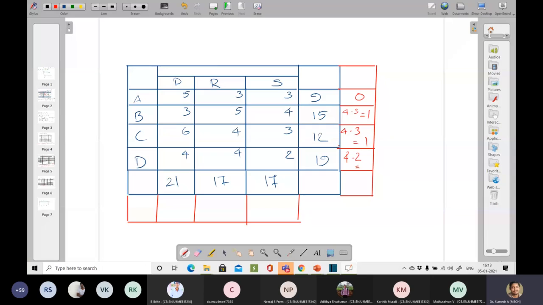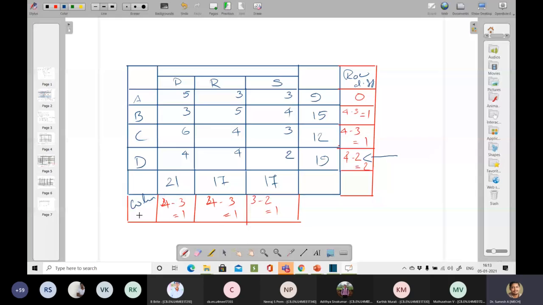Here, 4 minus 3, 1. Again 4 minus 3, 1. Again 3 minus 2, 1. So the largest difference is again the row difference. This is the row difference, this is the column difference. So it's 2.